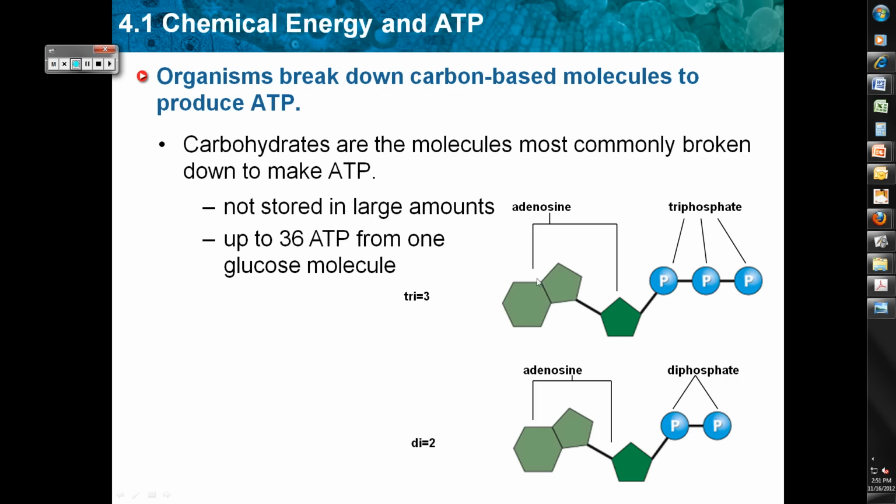All right, here's the chemical structure of ATP, and let's explain what this is. So you've got your adenosine right here, which is always attached to a 5-sided sugar, and then your 3 phosphate groups. Now the phosphate group is not just a phosphate, but it's a phosphate surrounded by oxygen atoms. So P with 4 oxygen atoms around it.